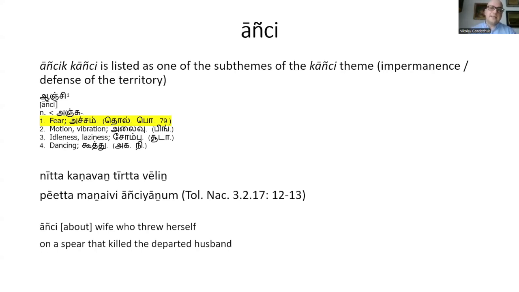The first, probably the earliest attestation is in Purattinai of Tolkappiyam, and this passage is somewhat obscure, but I would rather translate it as Anji about the wife who threw herself, if we take pey in this sense, on a spear that killed her departed husband, the husband who has died. This is what we can get from Tolkappiyam.